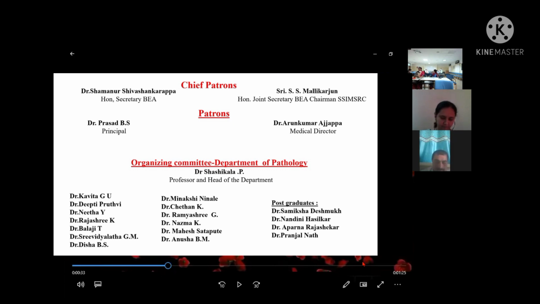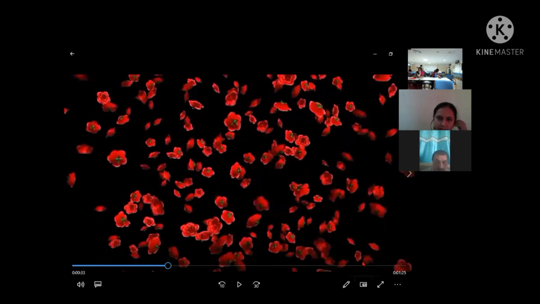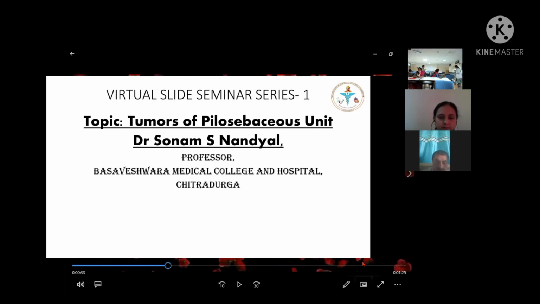He did his MBBS from Adichunchanagiri Institute of Medical Sciences, Karnataka, and his master's in pathology from Siddhartha Medical College. From then he started his career, was an associate professor in 2014, and continues as professor and head of the department of pathology for more than 8 to 9 years.